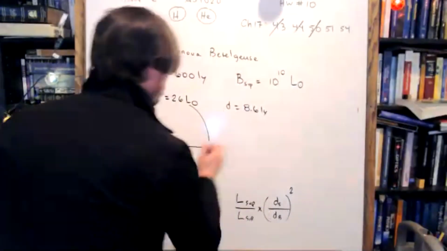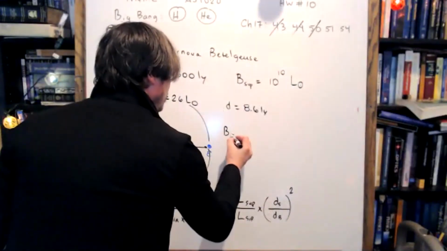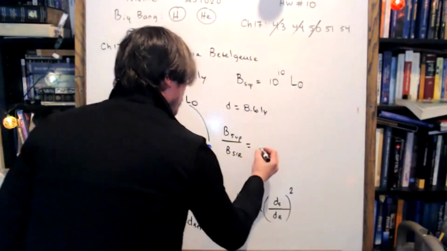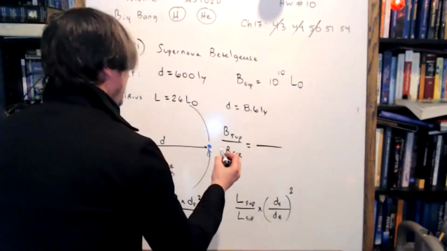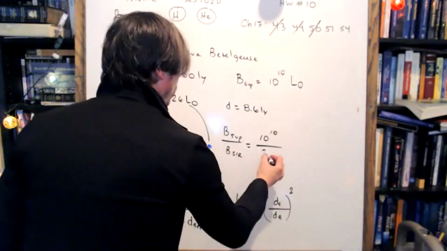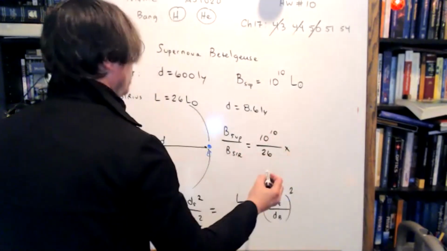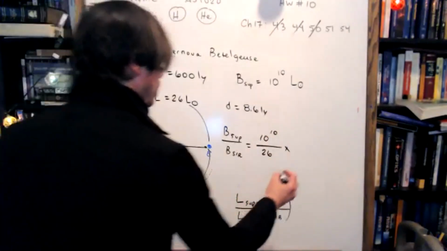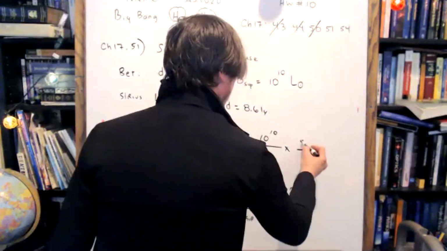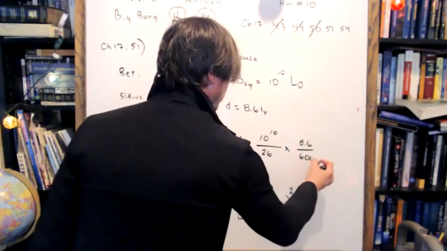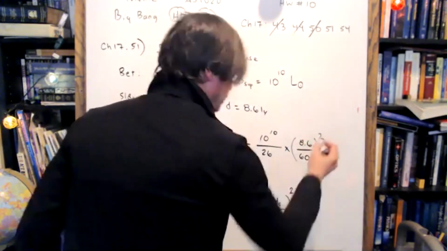So the ratio of the brightness of the supernova to the brightness of Sirius will be a factor of 10 to the 10 over 26 times 8.6 over 600 squared.